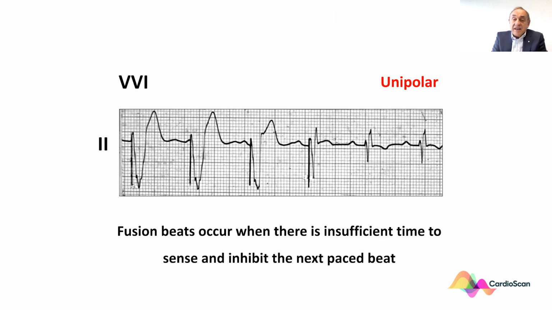Here we have a rhythm strip with a bizarre appearance, but it isn't at all. The first two complexes on the left, red highlight, are fully paced complexes, whereas on the right, in yellow highlight, they are sinus rhythm with a bundle branch block. Between them are what I call the progeny, or ventricular fusion.